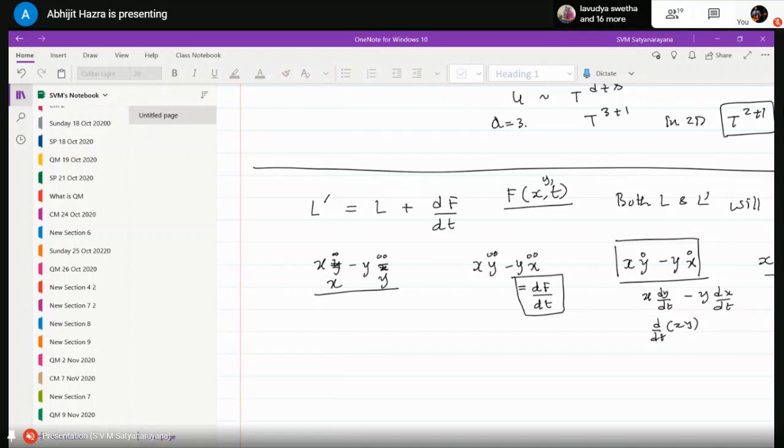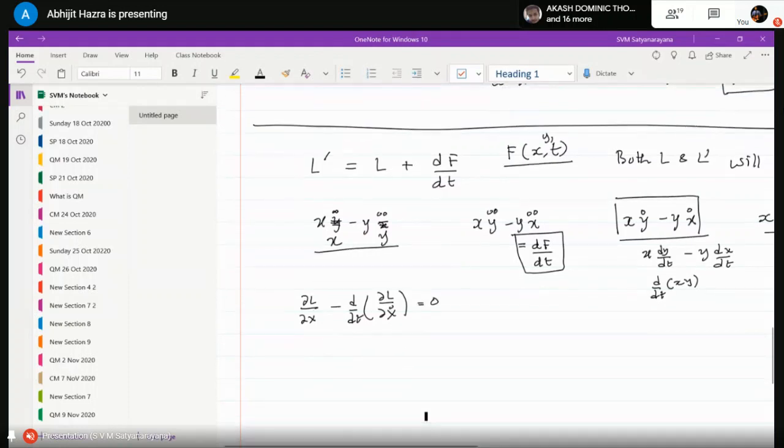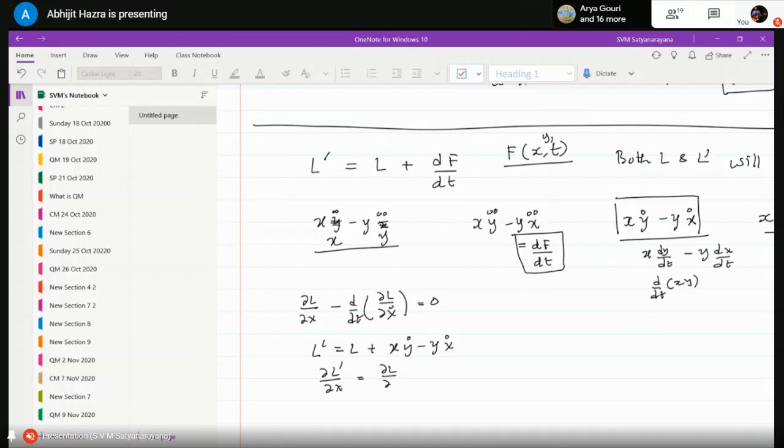As you look at this one, suppose let's say there is some equation of motion that is dou L by dou x minus d by dt of dou L by dou x dot equal to 0. Now your L prime is L plus some constant times x y dot minus y x dot. Then your dou L prime by dou x is nothing but dou L by dou x plus the extra term.